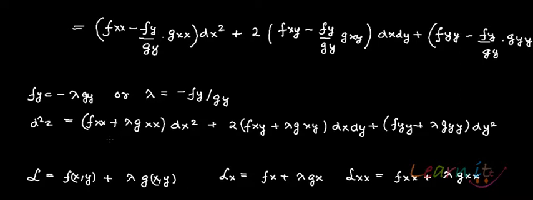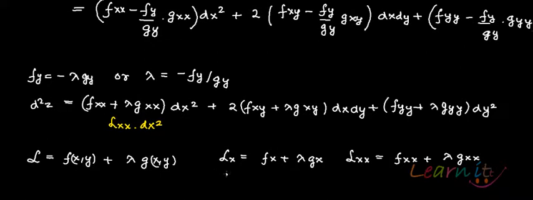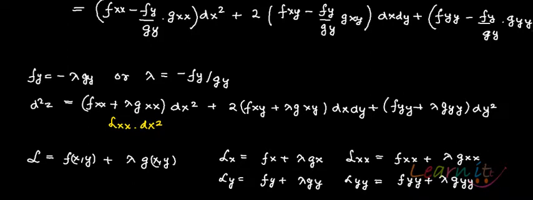So let me write it here, which is Lxx into dx2. Now, again, what is Ly? Ly is fy plus lambda gy. What is Lyy? Which is fyy plus lambda gyy, which is nothing but this last term, which is Lyy dy square.